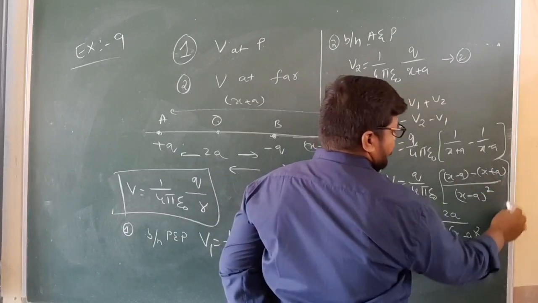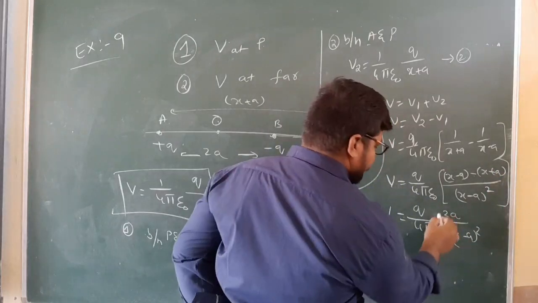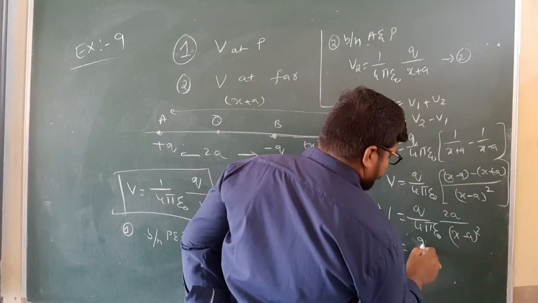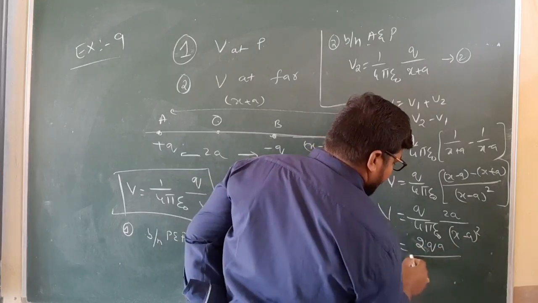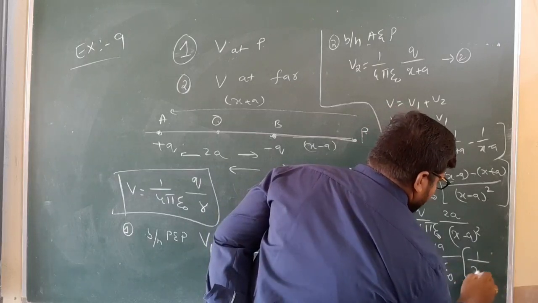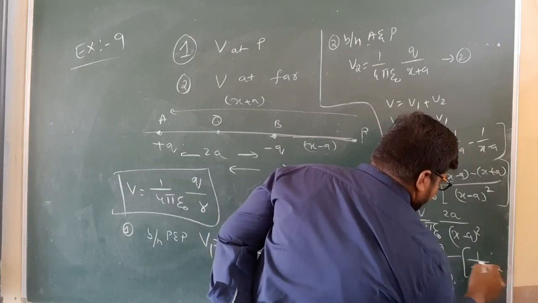Rearrange this, my children. This is the final equation: V is equal to 2QA by 4 pi epsilon naught into 1 by x squared minus A squared.